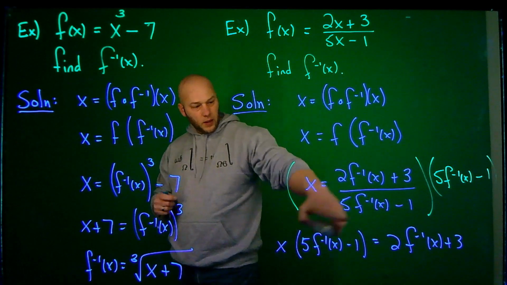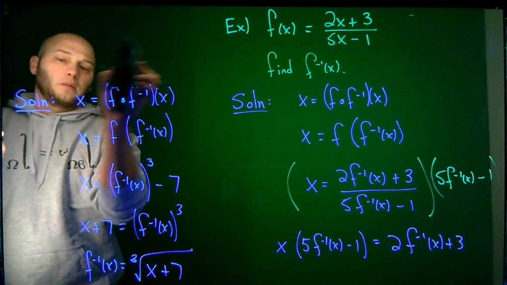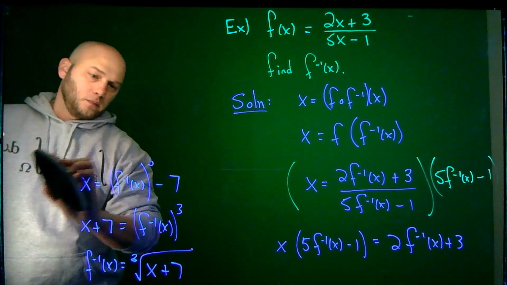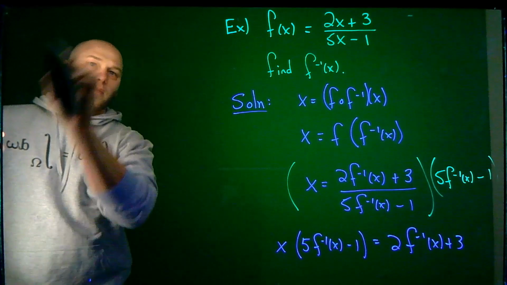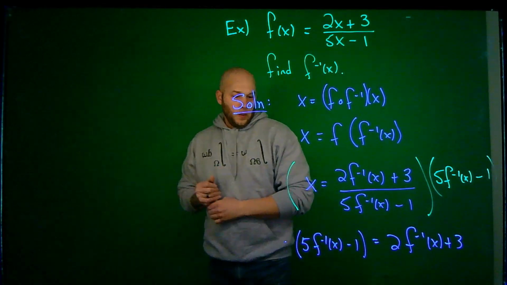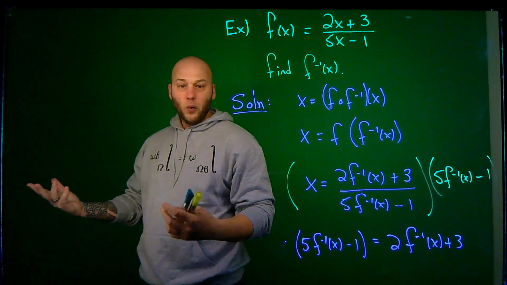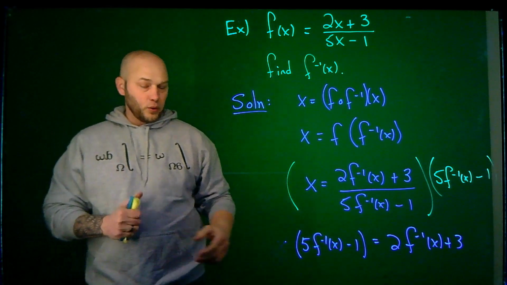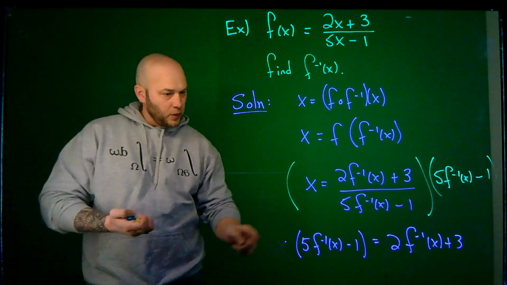So think about what I could do with that for a next step. Okay. I've got an inverse term on both sides, so if I want to solve for it, I need to put them on the same side. In order to do that, the first thing I'm going to have to do, should be an x there.